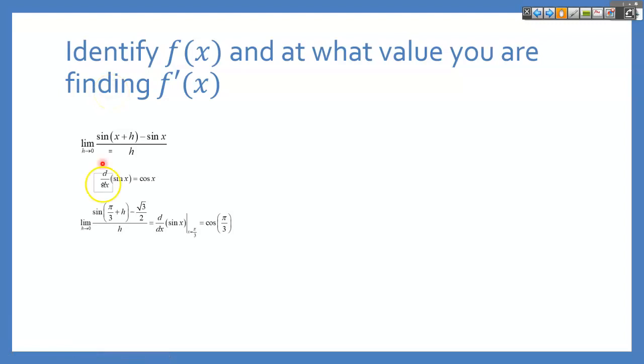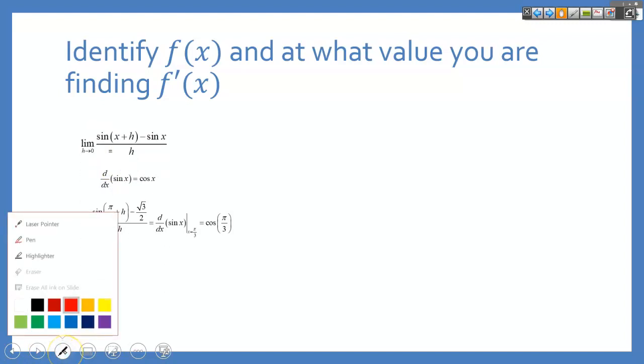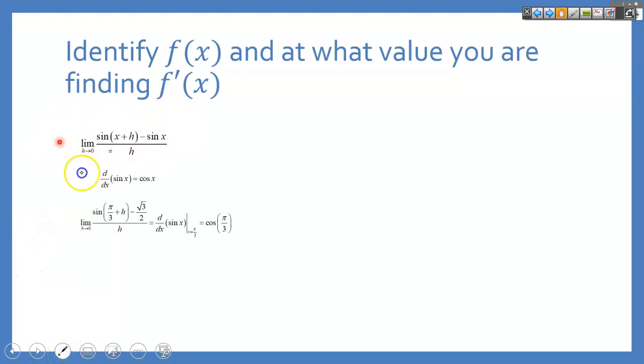Well, this is the definition of the derivative. Then its derivative would be cosine x. And you didn't have to work out that limit. What you would want to know is that f of x is equal to sine x, so that f prime of x, if it was multiple choice, would be the derivative of sine, which is cosine.